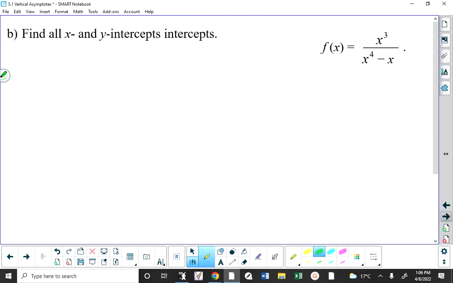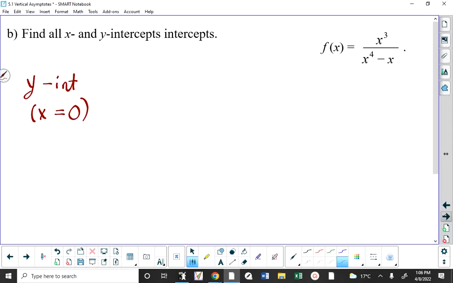So let's turn the page now and take a look at part B, which is asking you to find the x and y intercepts. If you are asked to find the y-intercept, this is where you let x equal 0, right? Is this on the same page? Okay, so not turning the page.